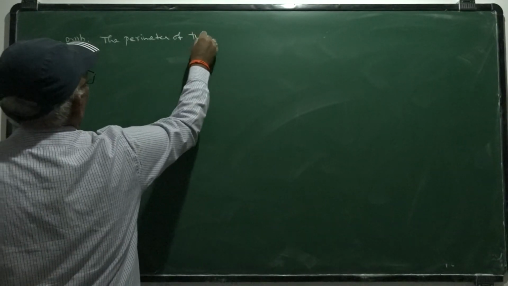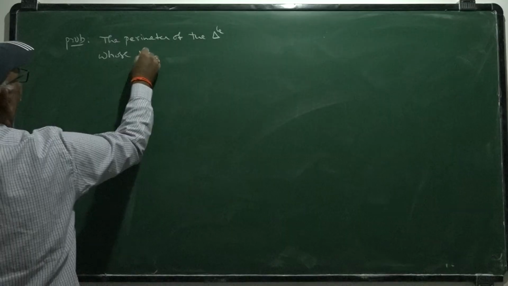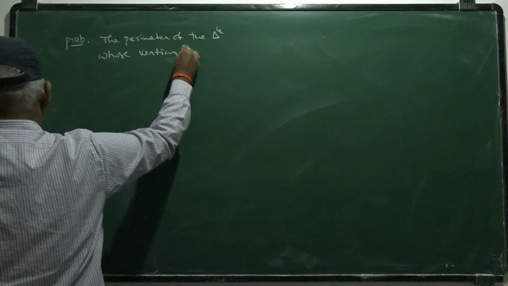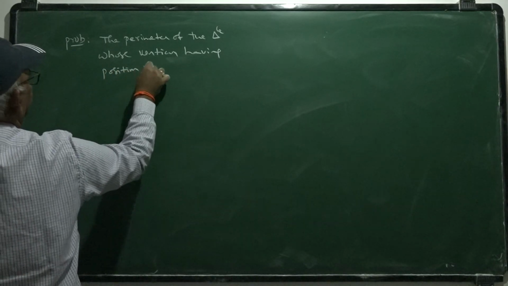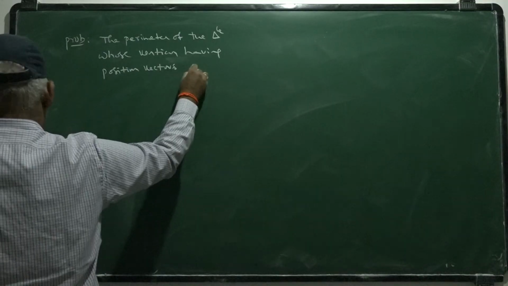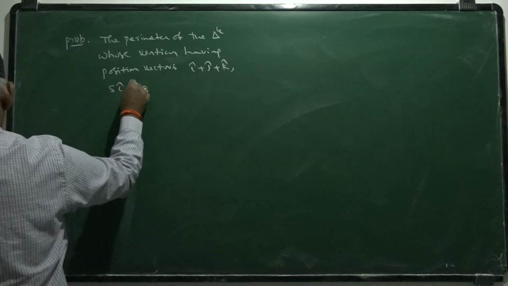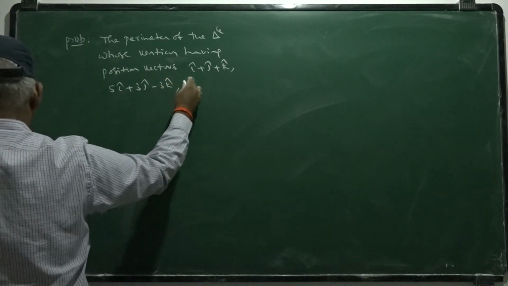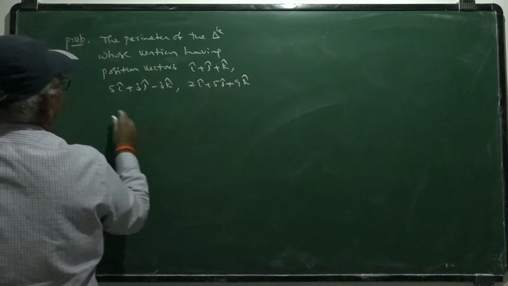Next problem. The perimeter of the triangle whose vertices have position vectors i plus j plus k, 5i plus 3j minus 3k, 2i plus 5j plus 9k is equal to what?